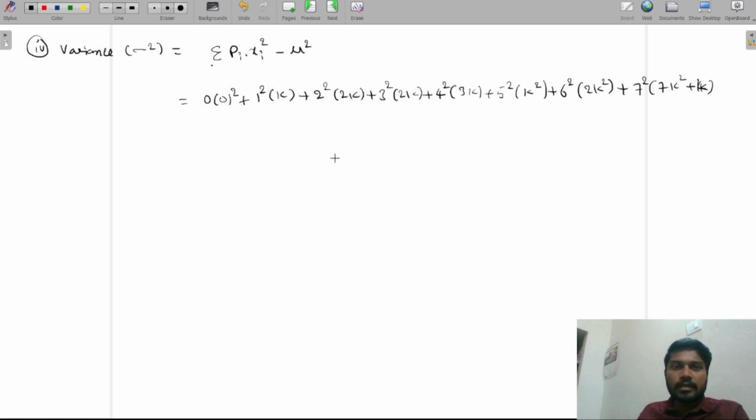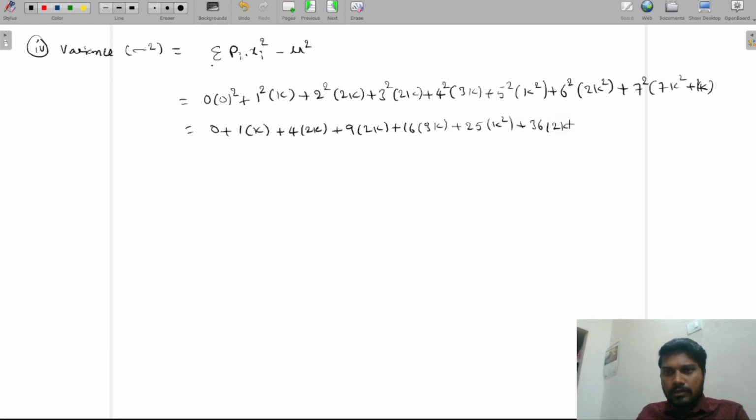Okay, right. So it will become 0 plus 1 into k plus 4 into 2k plus 9 into 2k plus 16 into 3k plus 25 into k square plus 36 into 2k square plus 49 into 7k square plus k.